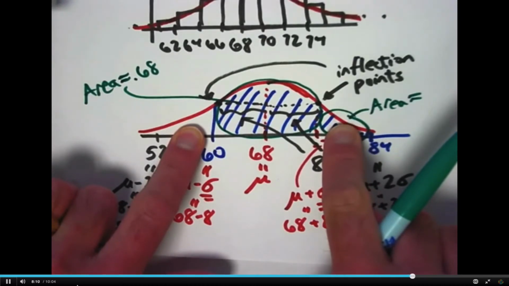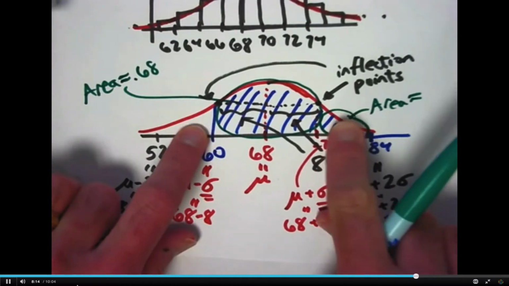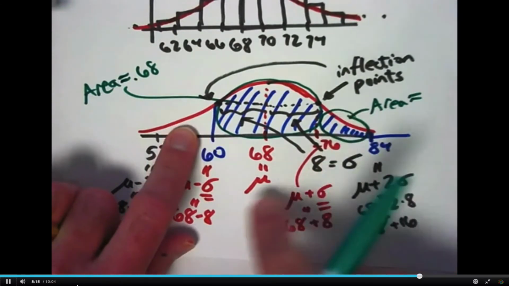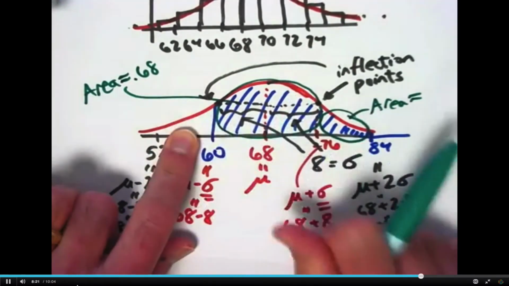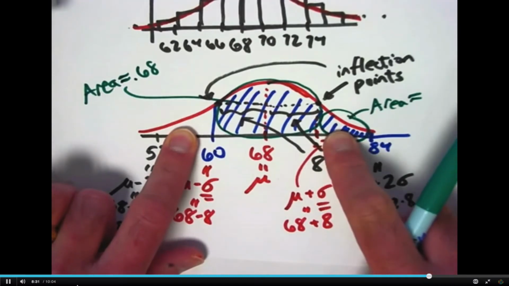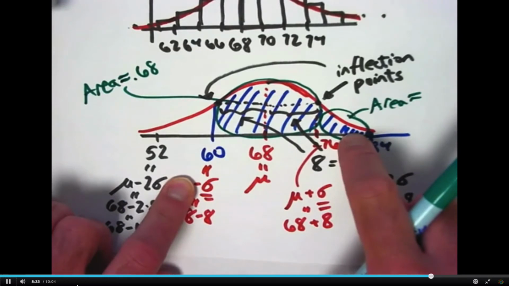Does that make sense? 0.95 minus 0.68 has got to be the area of these two regions, the circled region over here and the region uncircled between 52 and 60 over here. 0.95 minus 0.68 approximately. What is that? That's about 0.27. In other words, the area over here is about half of that. Half of 0.27 is 0.135.